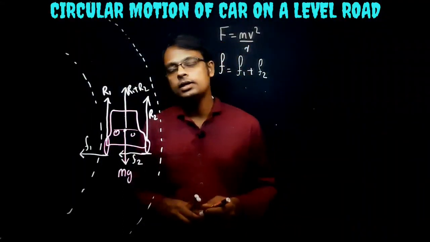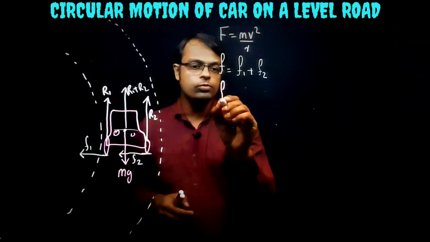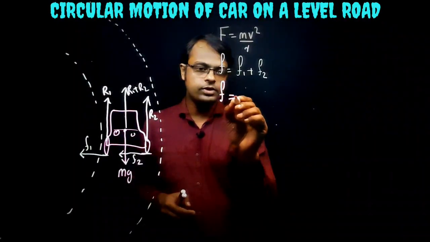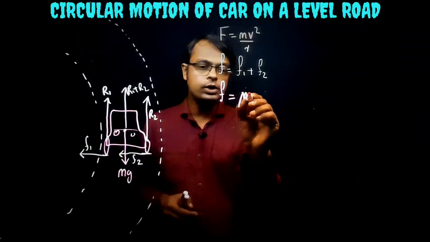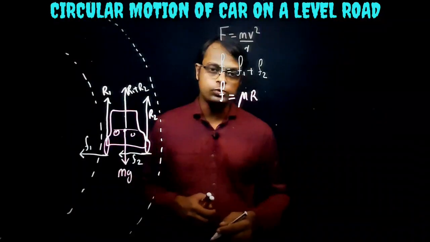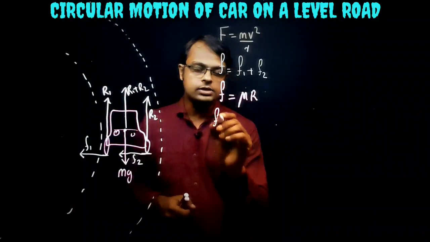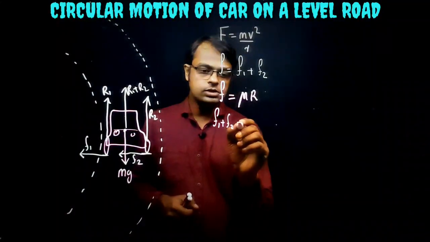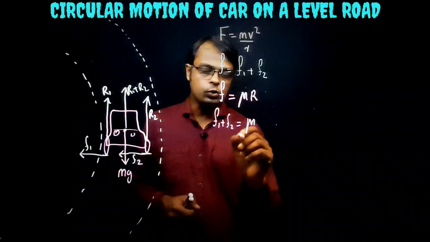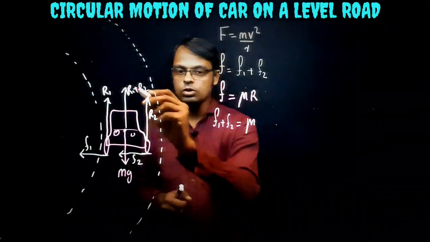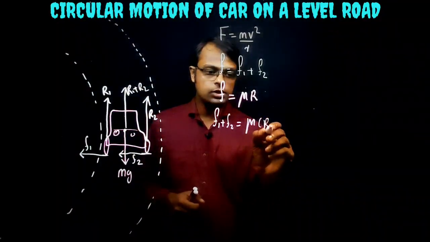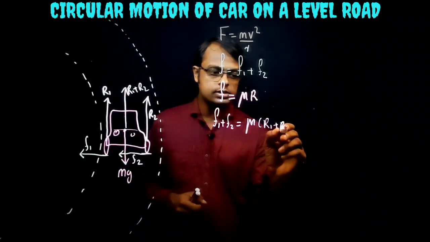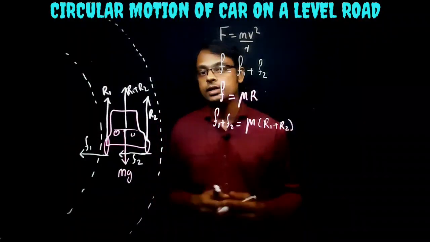And you already learned in the last lesson the frictional force formula: friction force F is equal to mu into normal reaction force. So we can write F1 plus F2 equals mu into the total normal reaction force, which is R1 plus R2.